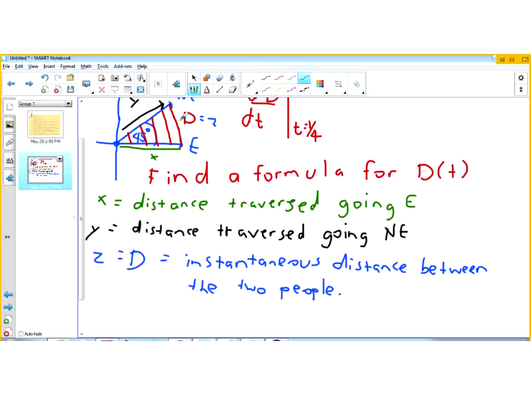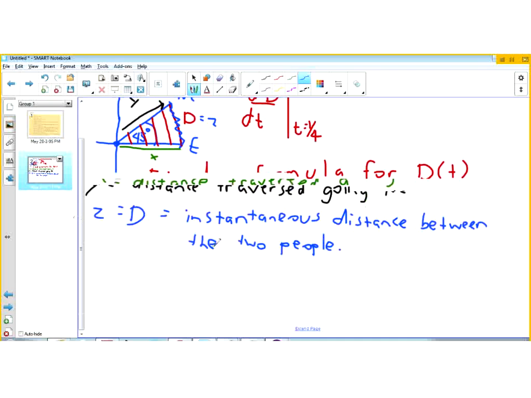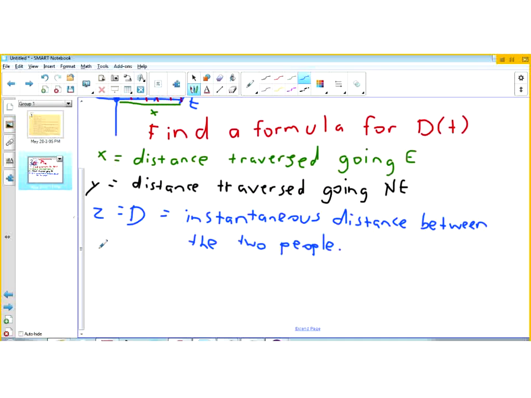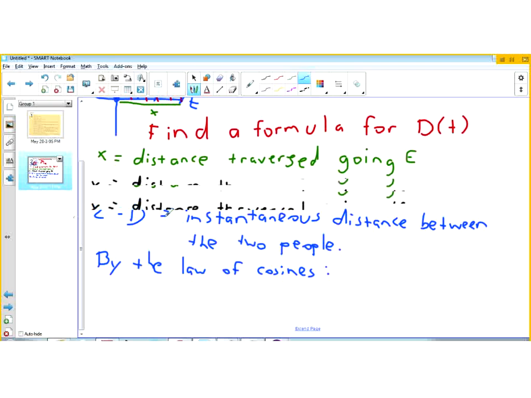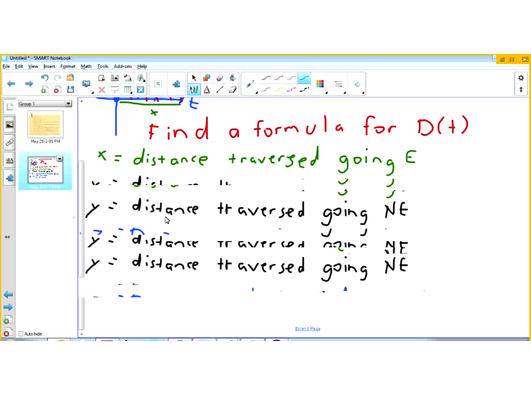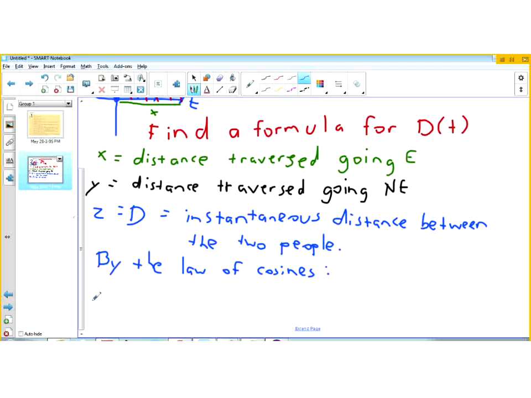It turns out that z, this instantaneous distance right here, we can find using the law of cosines. Bear in mind that x, y, and z are all functions of time because they change with time.